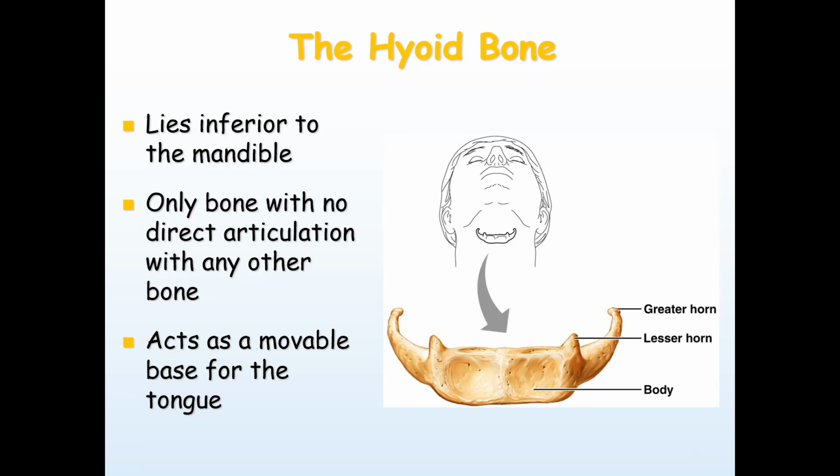So as you're speaking and your tongue is moving around your mouth, the hyoid bone helps to hold your tongue in place. It stabilizes your tongue, basically. It's the base of the tongue, right?